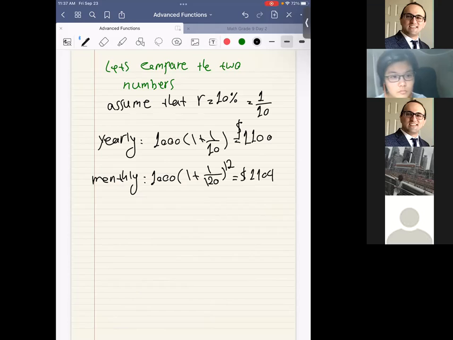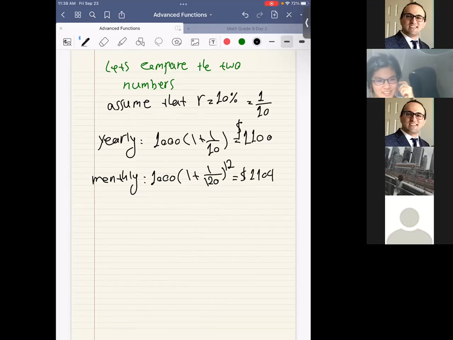Very good. Now imagine instead of monthly, you do it daily, hourly, every second. Use the same logic. This is your homework.